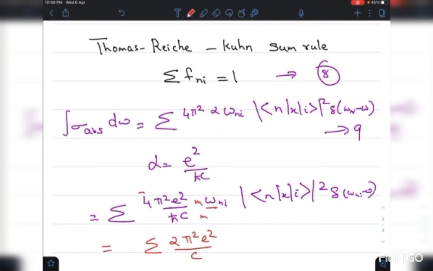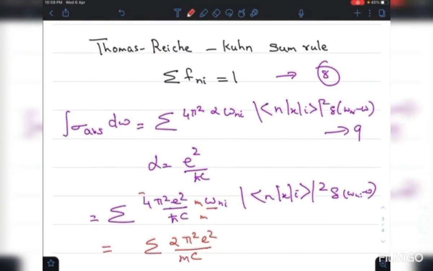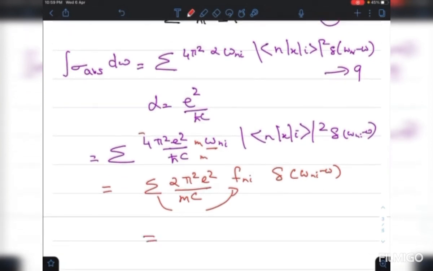This m also I have to write down, m into c. Then I have that Fni delta omega ni minus omega. So sigma Fni is nothing but 1.